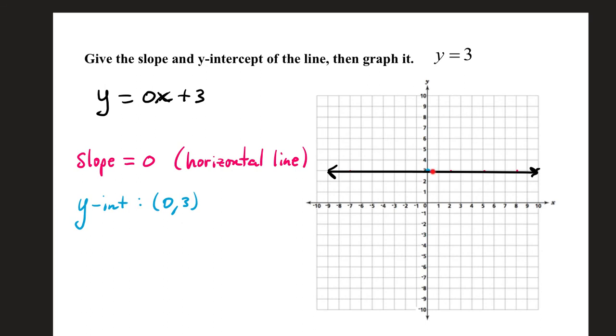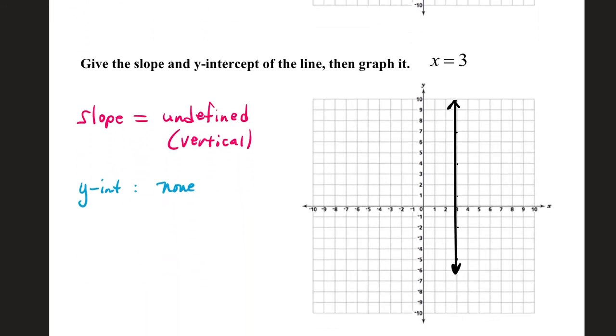So let's plot the point 0, 3 and just connect a horizontal line through there. Notice that no matter what point on the line you pick, it will always have a y-coordinate of 3. The x variable can fluctuate because there's no x to pin down.